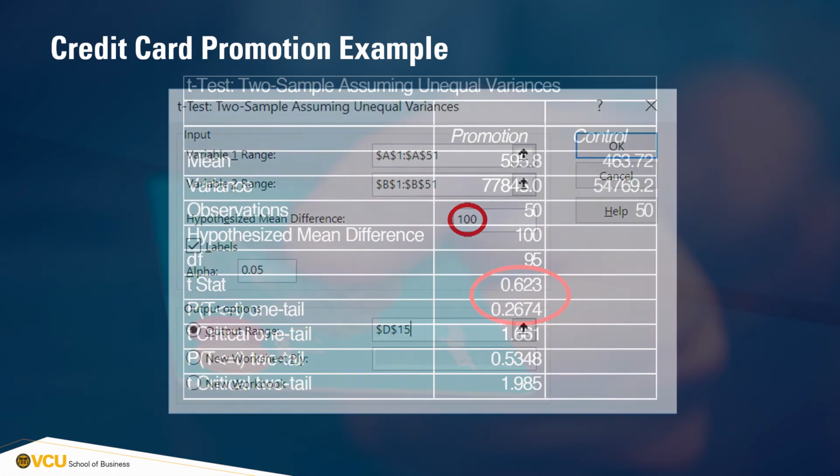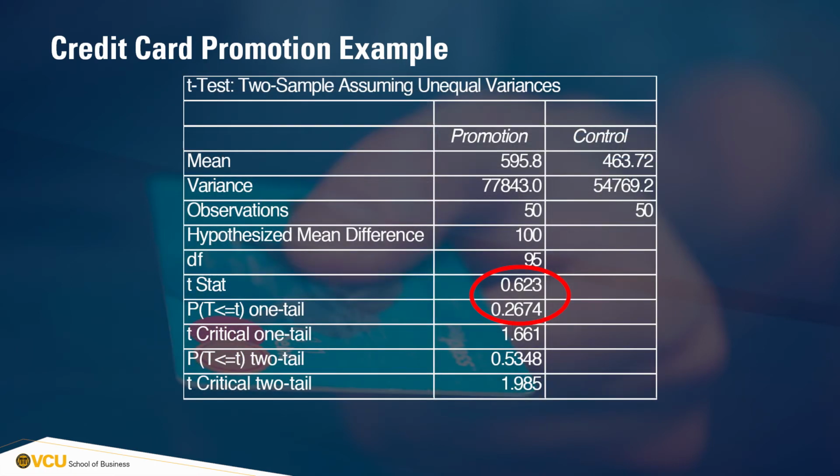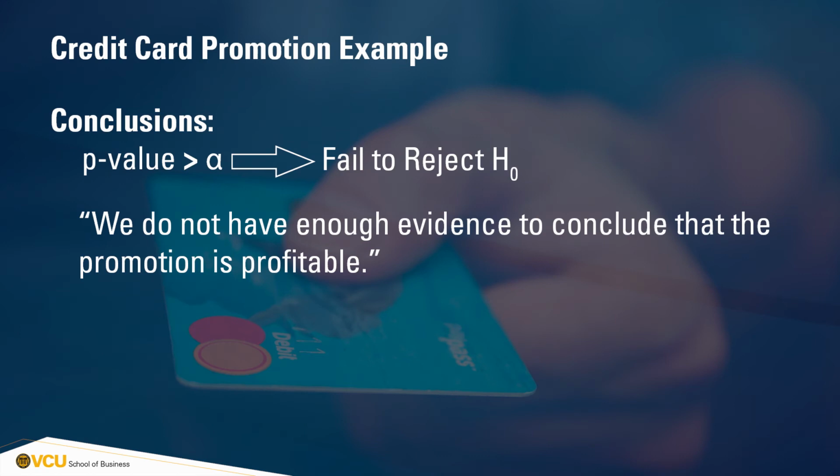But because we moved the sampling distribution to a difference of the means of $100, the difference of the sample means, our test statistic, is now much lower than it was before. Consequently, the new p-value is now greater than alpha. Therefore, we fail to reject the null hypothesis and cannot conclude that a credit card promotion will be profitable.